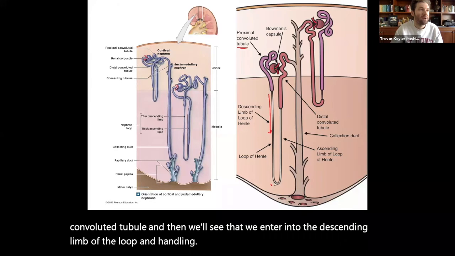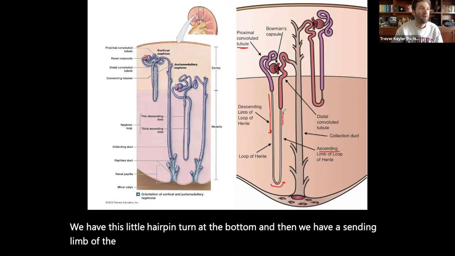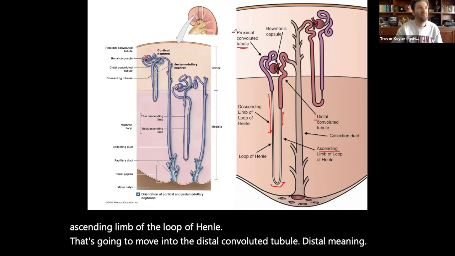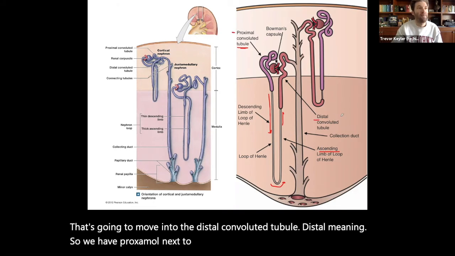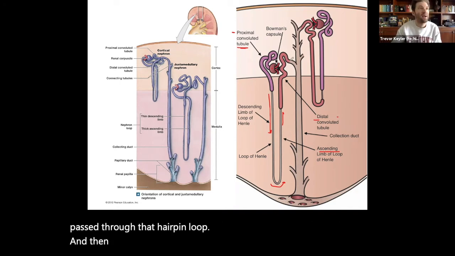We have this little hairpin turn at the bottom. And then we have the ascending limb of the loop of Henle. That's going to move into the distal convoluted tubule, distal meaning further away. So we have proximal next to the capsule, and then distal after we pass through that hairpin loop. And then we move into the collecting duct.